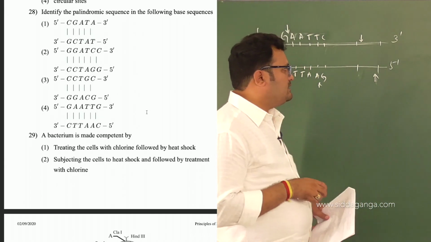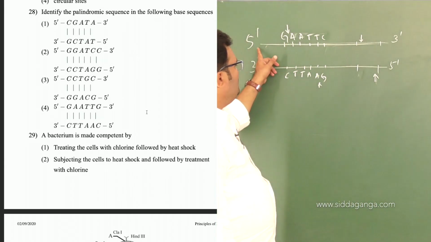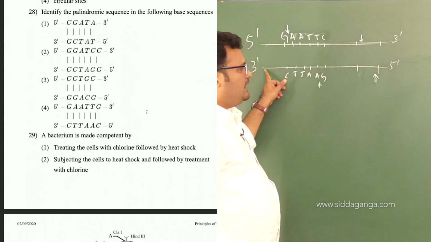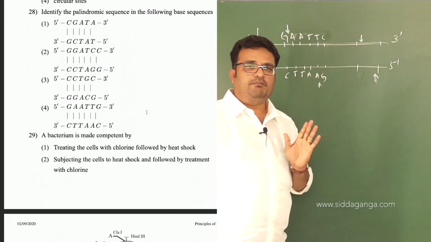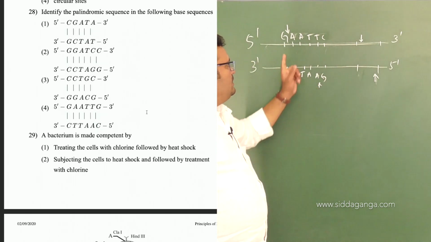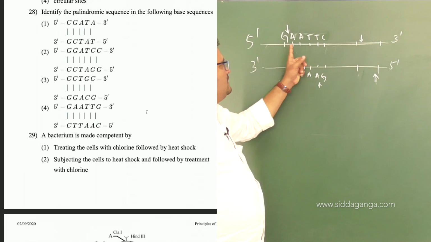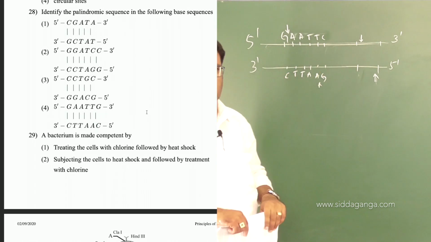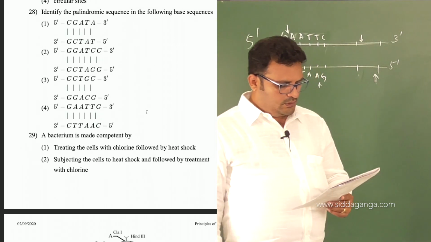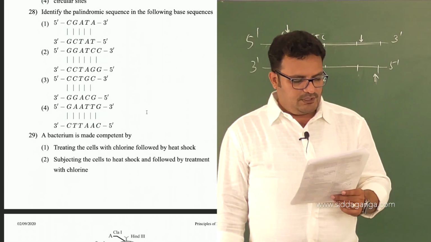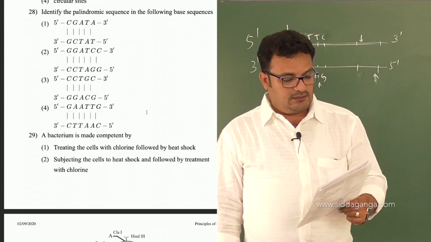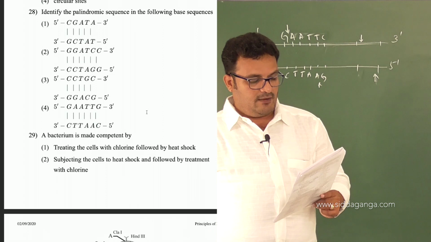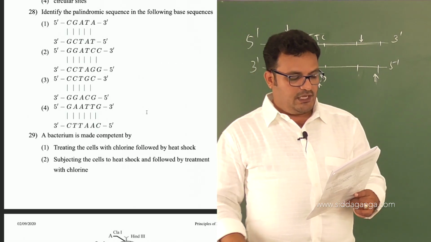For a palindromic sequence you have to follow 5 to 3 on one strand, and its opposite strand again 5 to 3, running in the opposite direction, right? So you go through the sequence reading GAA TTC and in the opposite strand GAA TTC. Go through the different options, and the second option will be the right option, GGA TCC and GGA TCC.